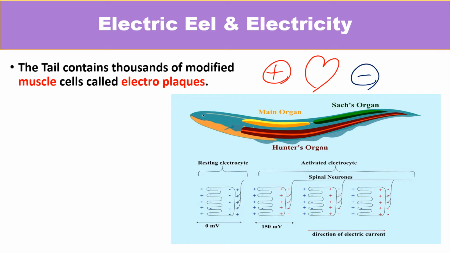The tail contains thousands of modified muscle cells called electroplates, and those electroplates, by doing a rubbing action, can generate enough energy to make electrons jump from one side to another, which is very similar to what we learned in static electricity. However, imagine that is happening between cells, not from one simple object to another.